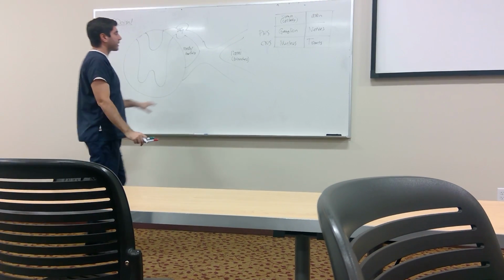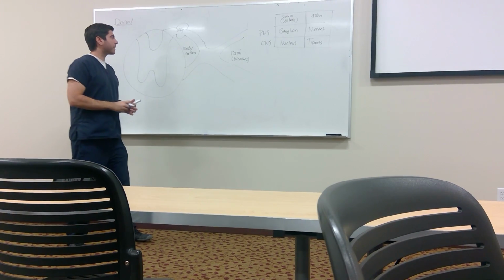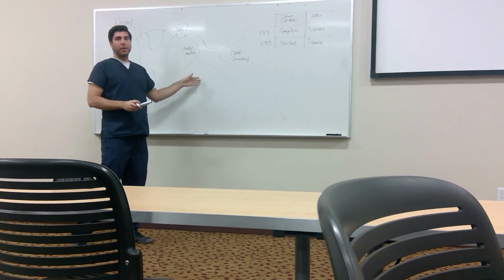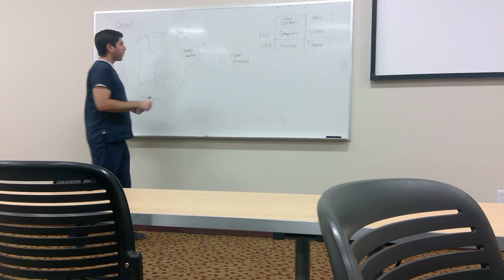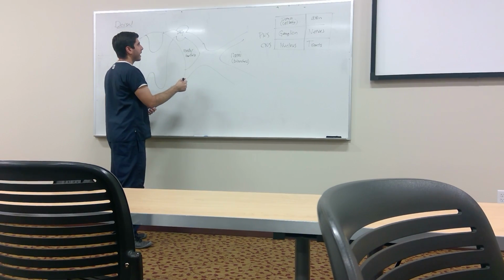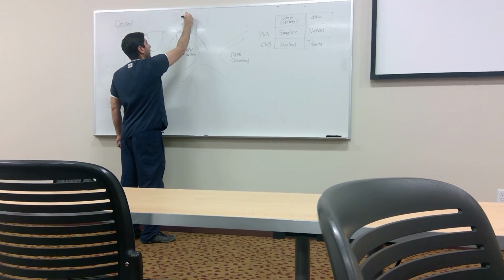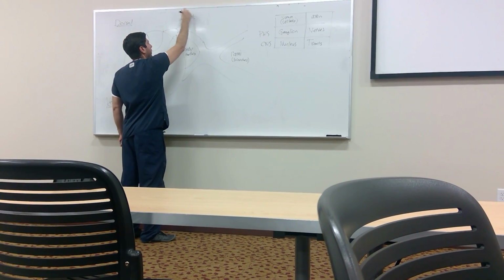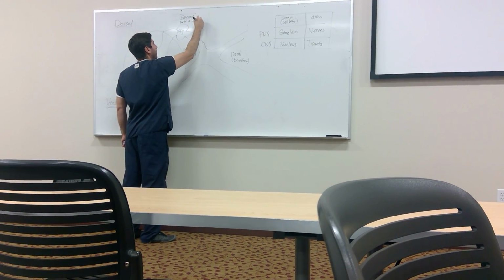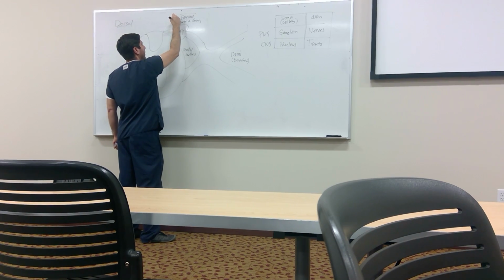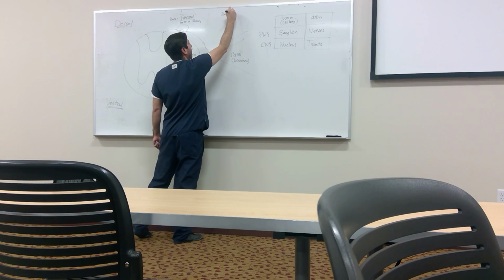Just like everything else in the nervous system, these are organized. Very carefully organized. And so based on where an injury could be, you'll know what deficiency will be there. Okay, roots are organized by function. So motor versus sensory. So these are your roots. And then the rami are organized by location.